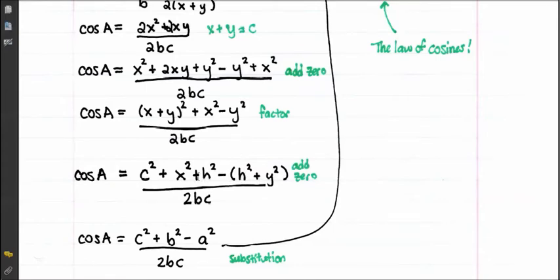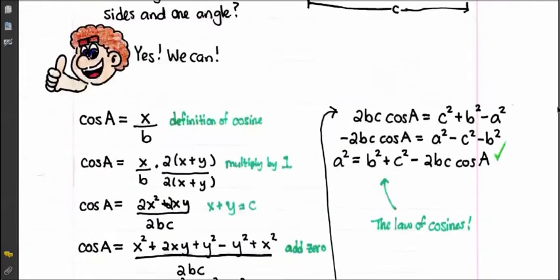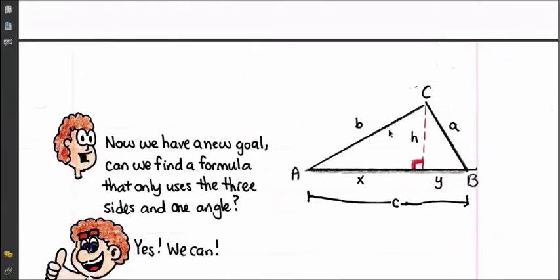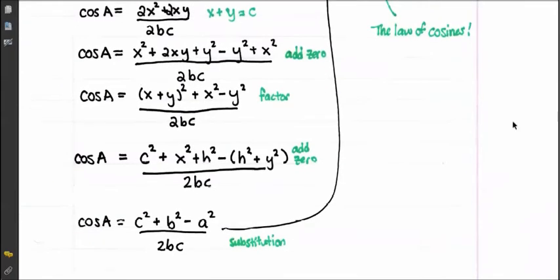And so now I have x squared plus h squared, which, if you look from the triangle, is equal to b squared. And y squared plus h squared is a squared. And so now that leads me to this conclusion down here. I can replace this part with b squared, and I can replace this part with a squared.